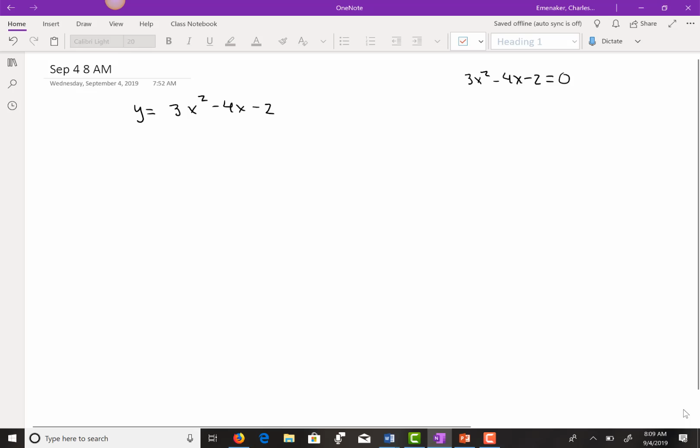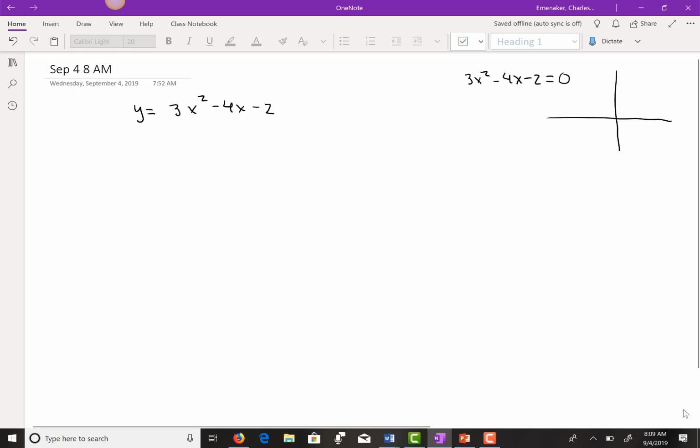Okay, let's say you're told that this needs to be 0. What this is saying is that the y value needs to be 0. If the y value is 0, graph-wise, where are we on the graph? Not a specific point, but you can tell about where we are.